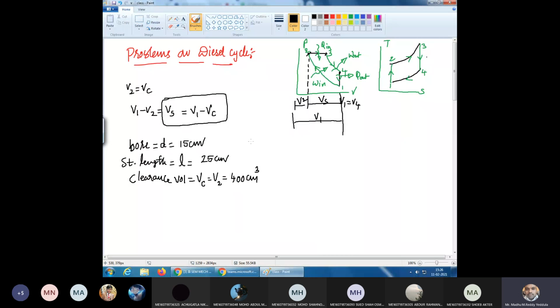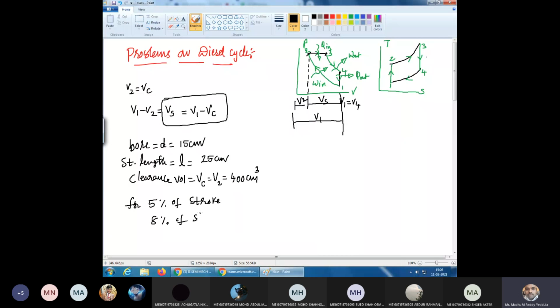Calculate the air standard efficiency of the engine if the fuel injection takes place at constant pressure for 5% of the stroke. How will this efficiency be affected if the fuel supply continues up to 8% of the stroke?